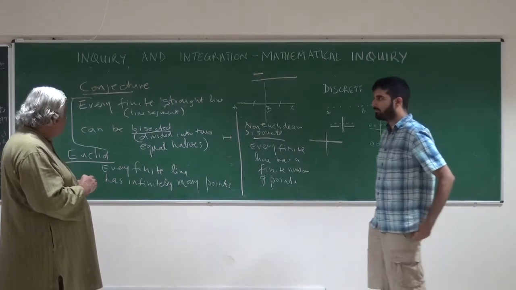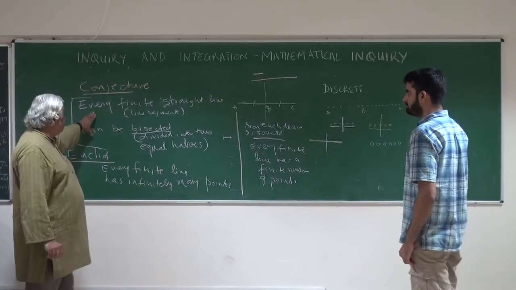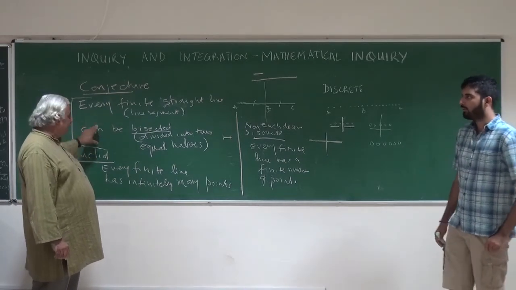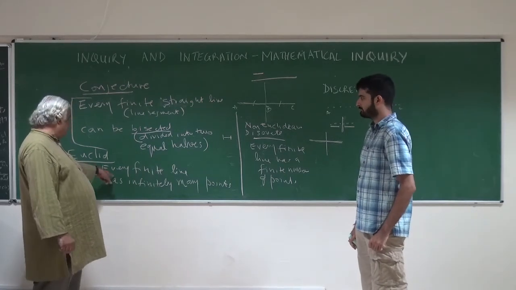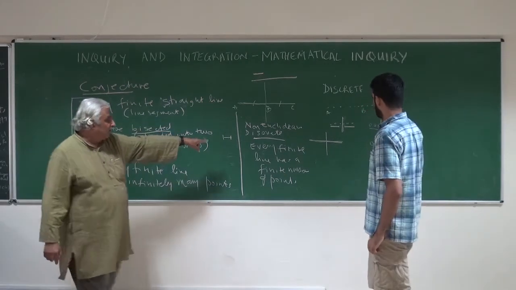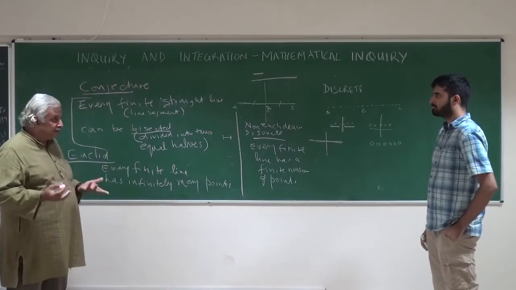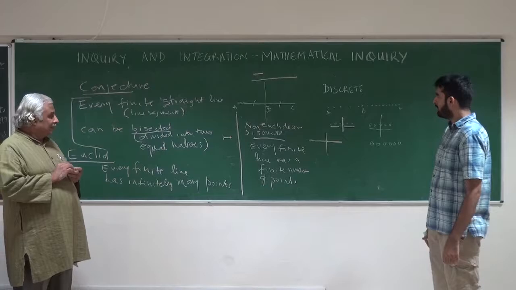So whether the statement, every finite line segment can be bisected, is true depends upon which world we are living in: the Euclidean world, where this is true, or the non-Euclidean world, where every finite line has a finite number of points. It depends upon the axioms and the definitions. Truth will depend upon those.